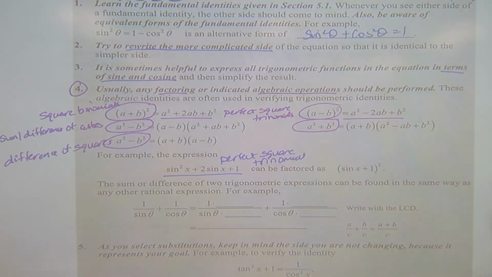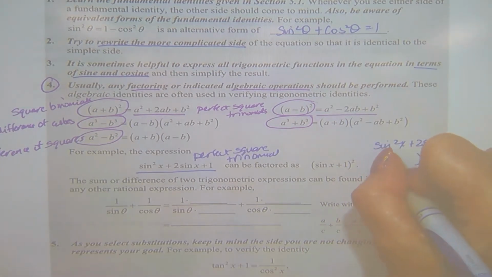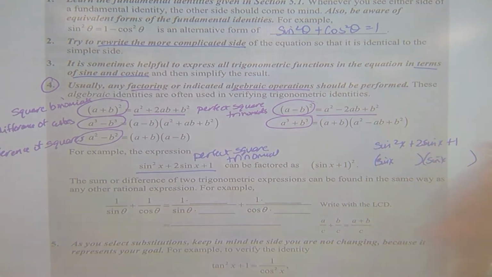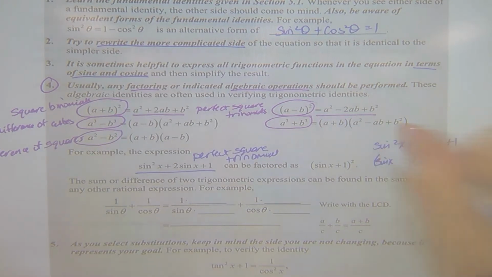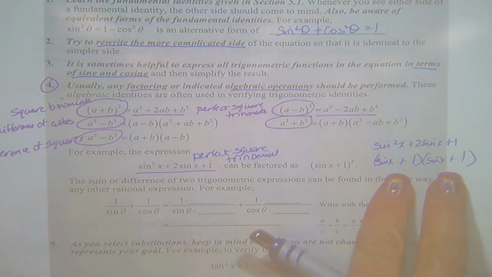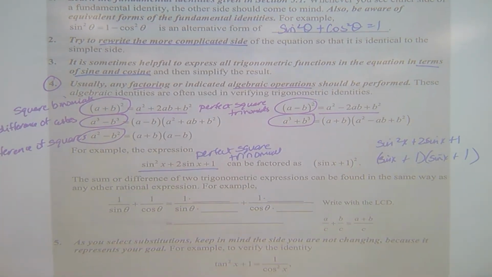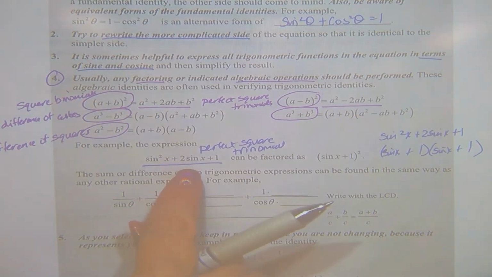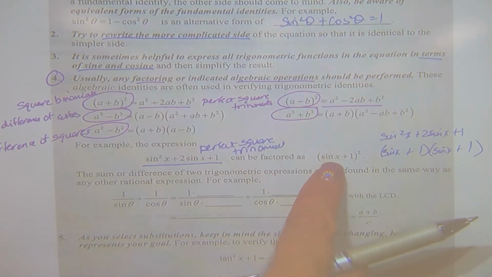If I want to think about reverse FOIL, sine squared x plus 2 sine x plus 1. If I want to see what factors that would be, I've got sine x times sine x gets me sine squared x. 1 is prime. Both signs are positive, so both of these need to be positive. That is a repeated factor, sine x plus 1 squared. When you see this, you should be able to identify a perfect square trinomial.